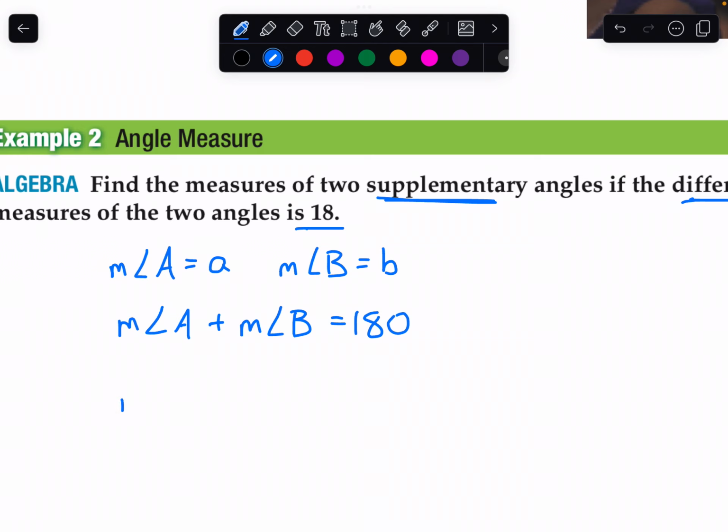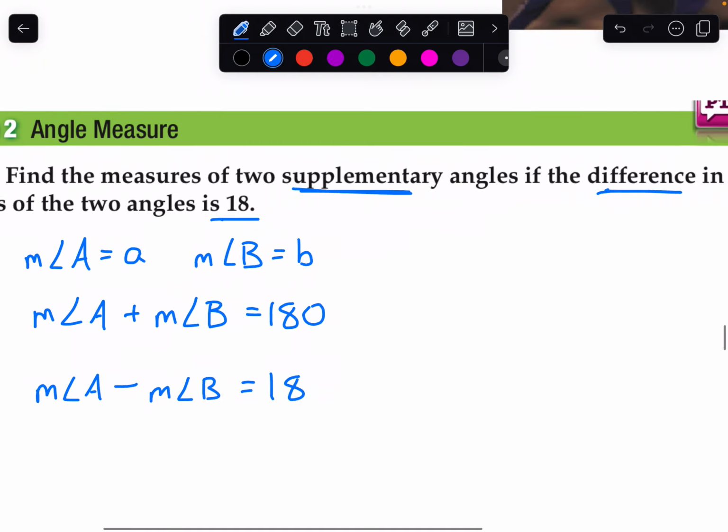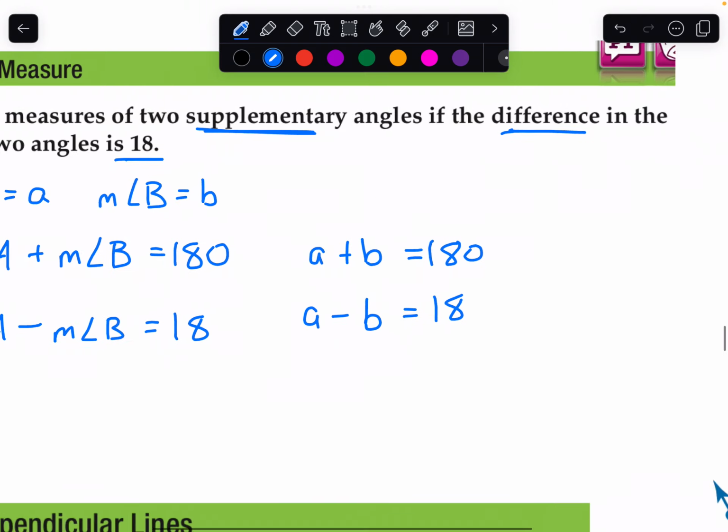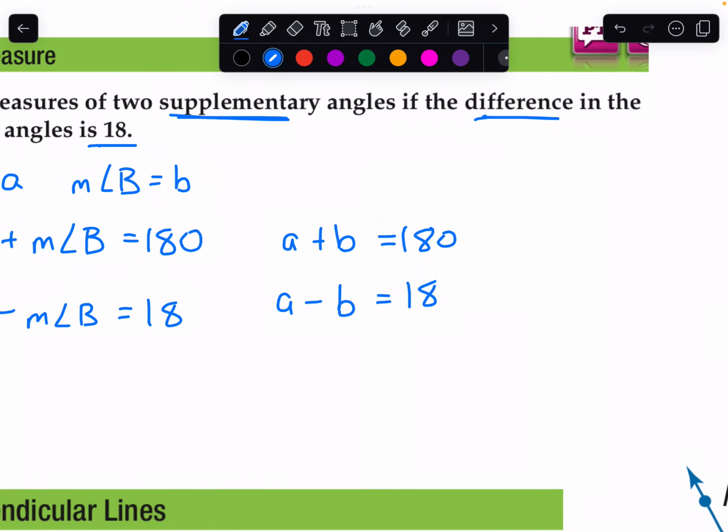So the measure of angle A minus the measure of angle B equals 18. So we can turn that into a system of equations. A plus B equals 180, and A minus B equals 18.